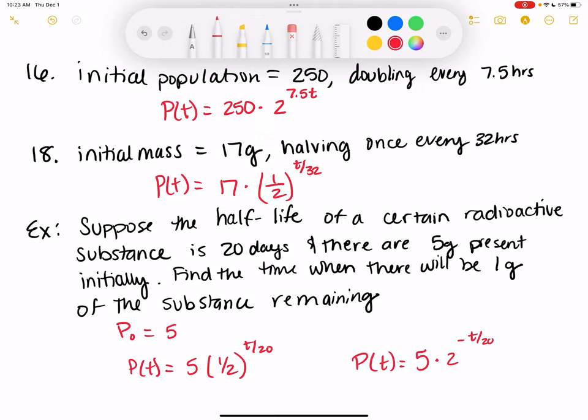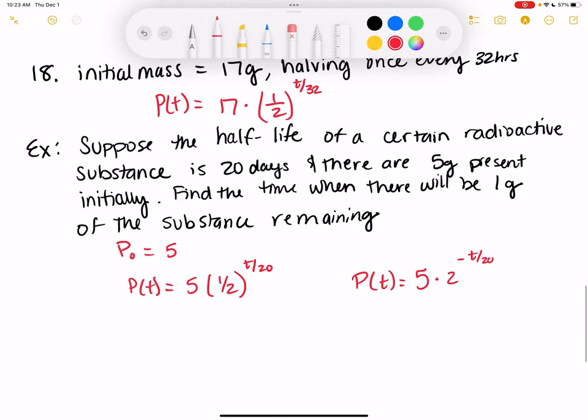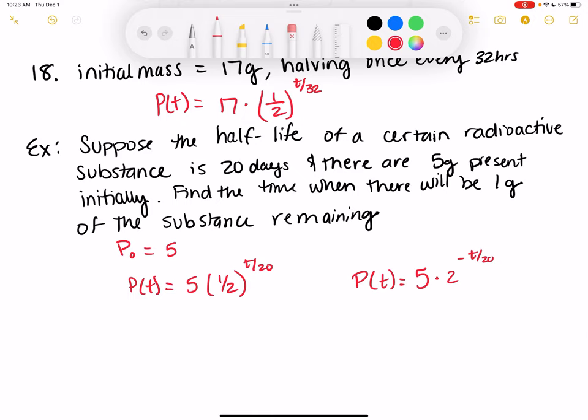So if we wanted to know when there was 1 gram of substance remaining, we would plug in the 1 equal to 5 times 1/2 raised to the T over 20. When I write it, I'm going to flip it so that the exponential part is on the left. Dividing by 5, I have 1/5 is equal to 1/2 raised to the T over 20.